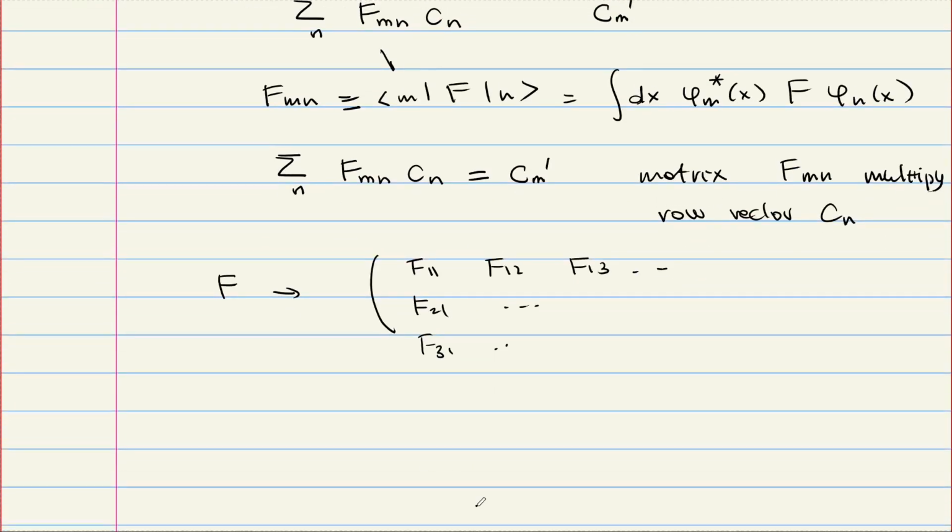I'll show you some examples. They can be equal, but m and n can also be unequal. The most general operator has all these matrix elements. And Cn is represented by C1, C2, and so on, and Cn prime is represented by C1 prime, C2 prime, and so on.